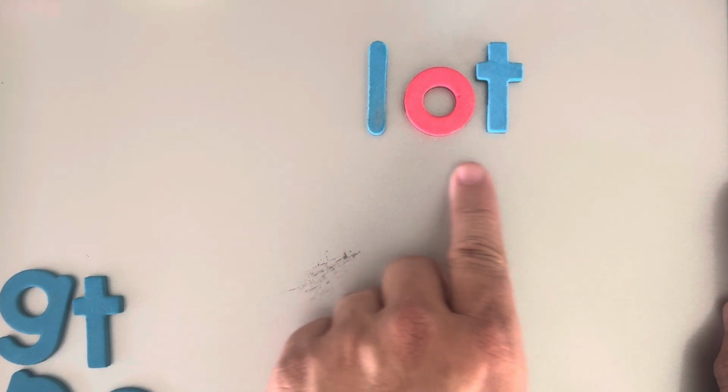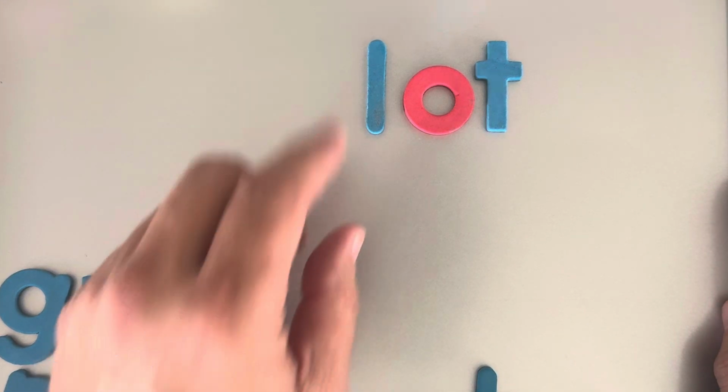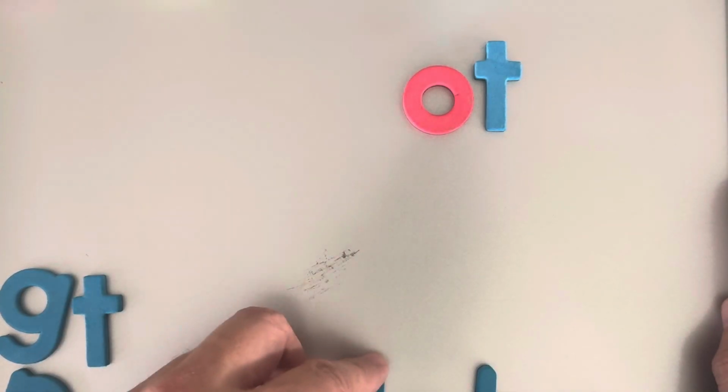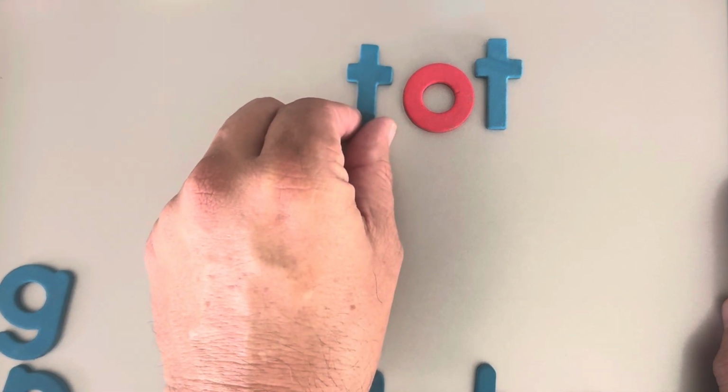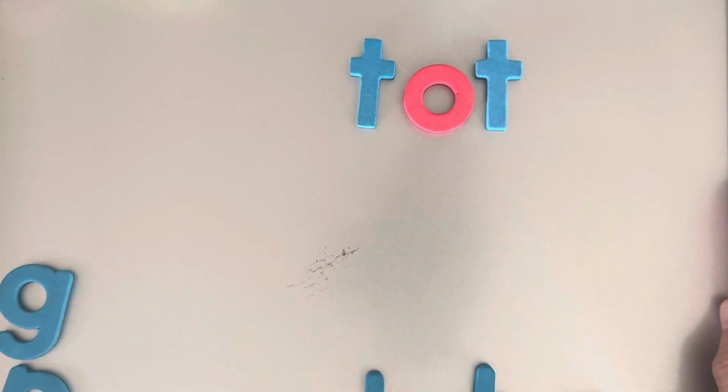Lot. And I'm going to change the word lot to tot, which is another word for a baby. I'm going to move the onset L away, and slide in the onset T. Tot.